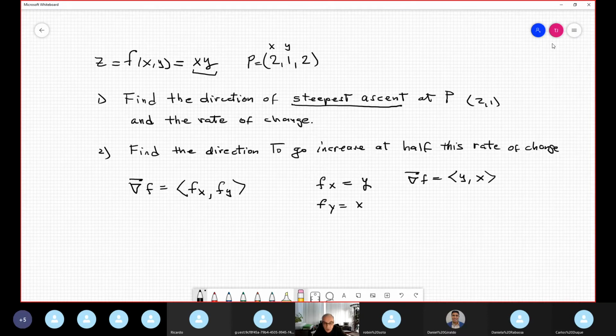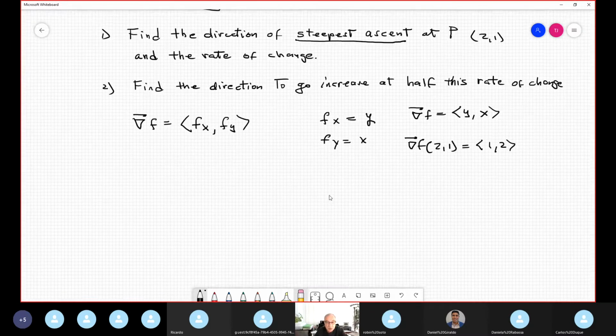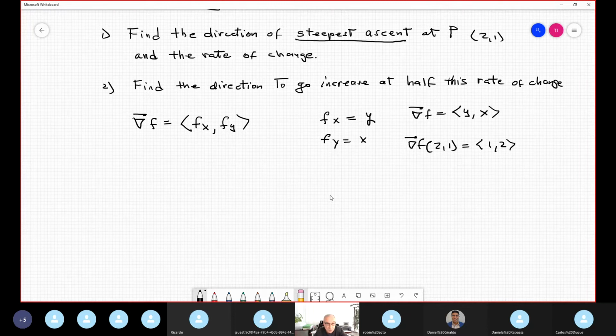Wow, interchange x and y. And you evaluate at a specific point, which is 2,1. X is 2, y is 1, so it is the vector 1,2. So we can determine direction, no? Let me try to understand this. Do the graph.